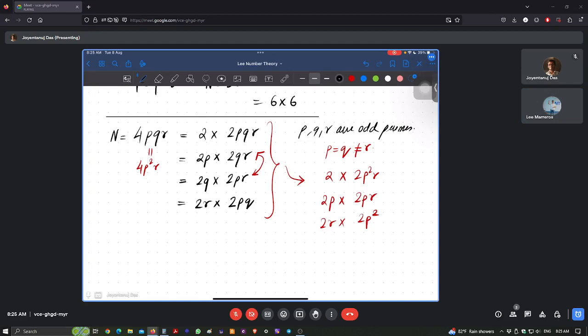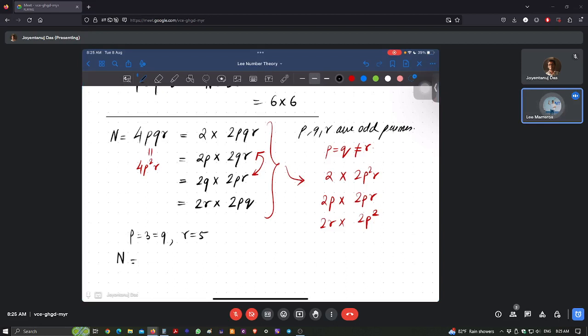What is R? 5, the next odd prime is 5. So you can choose P equals 3, Q is also 3, and R is 5. Then what is the number? 4 times 9 times 5, that is 180.